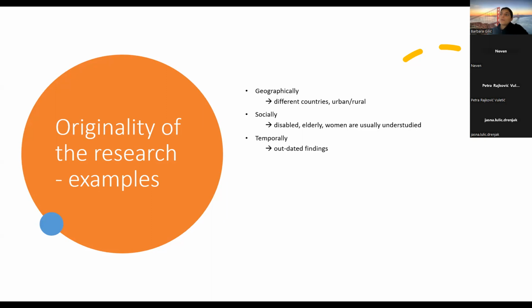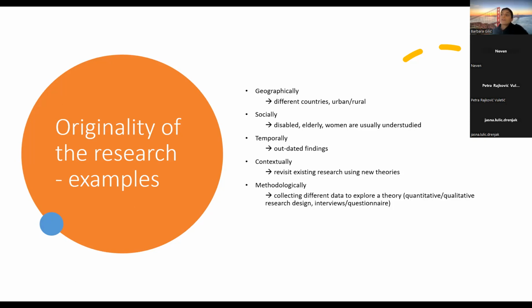Also, we can prove some outdated findings. So just repeat them with new methodology, which follows the next one. Revisit existing research using new theories and collecting different data to explore the theory. You can collect different types of data on the same thing, and you will probably get different answers.